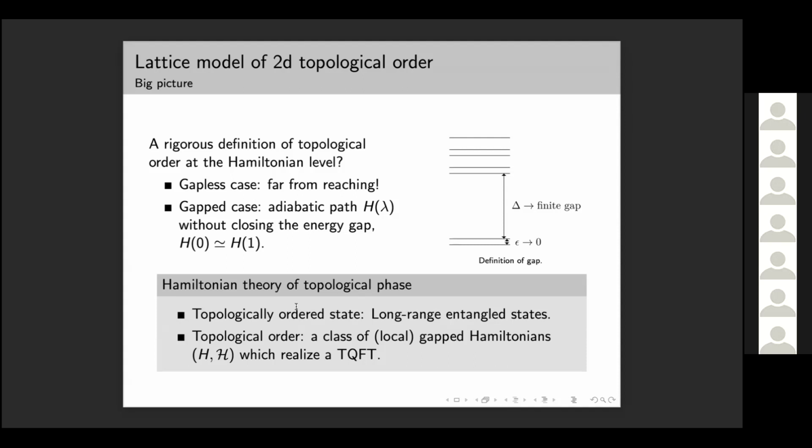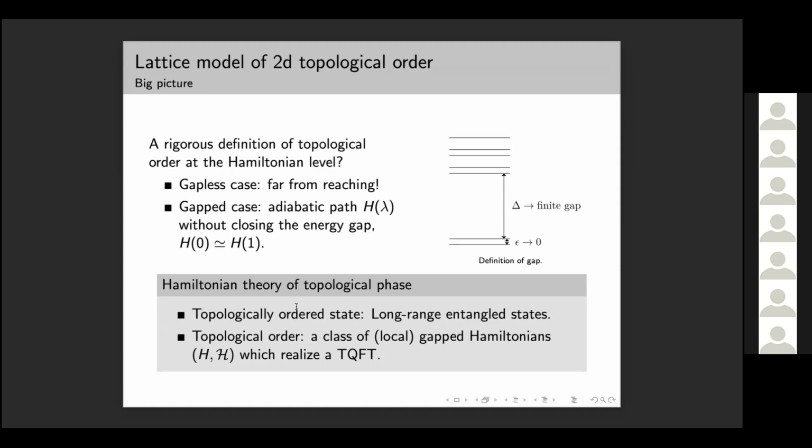And for the gapped phase, why do we usually talk about topological order in gapped systems? Because for the gapped phase, we have a good understanding of the Hamiltonian theory, since we can define an equivalence relation between different Hamiltonians. It is defined in the following way.